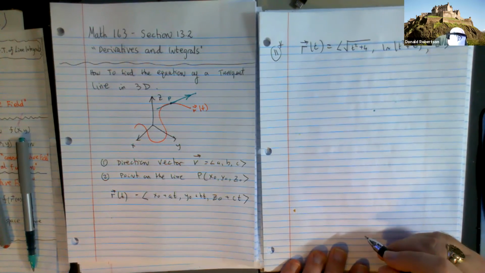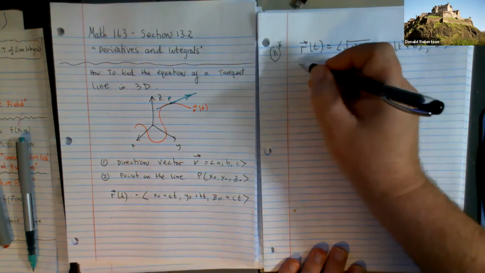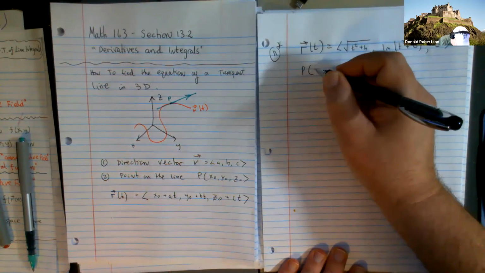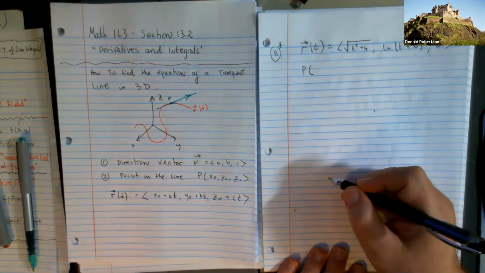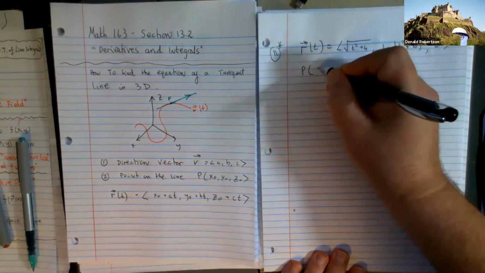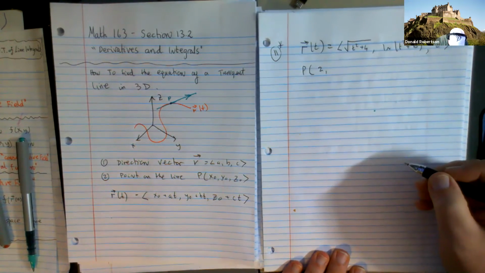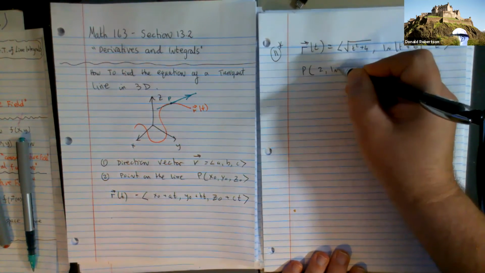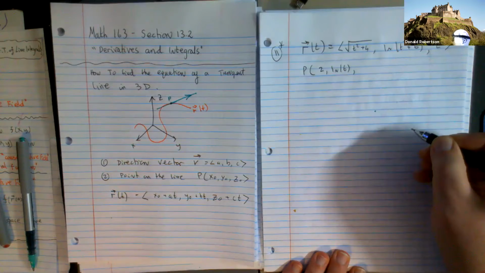And we are interested in the equation of the tangent line at the point P, whose coordinates are, let's see, they're going to be 2, log 6, 0. There we go.